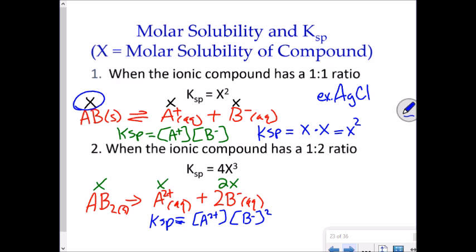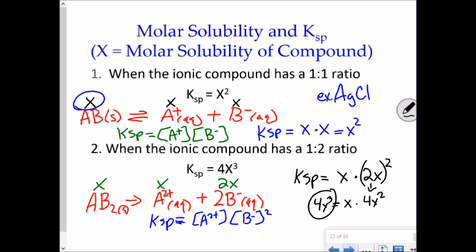So if you think about it, we would substitute in our x's here. So we would get Ksp equals x times (2x) squared. And guess what that gives us? 4x squared times x, which ends up being 4x to the third. So that's how we derive that 4x to the third.